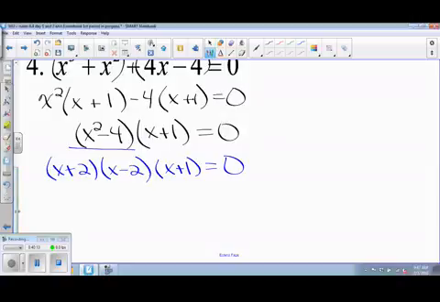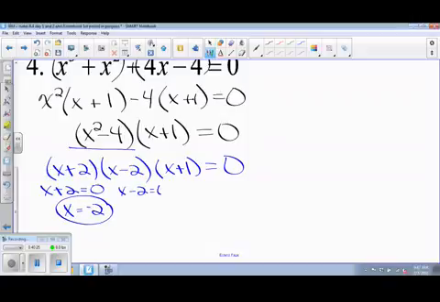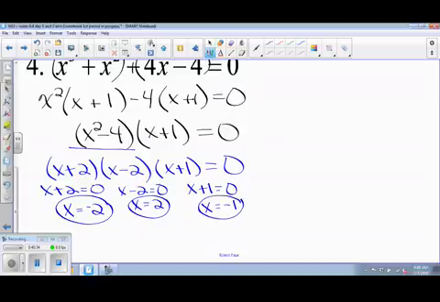So x plus 2 equals 0, so this first solution is x equals negative 2. X minus 2 equals 0, so this solution is x equals positive 2. And x plus 1 equals 0, so this solution is x equals negative 1. That is all three solutions: negative 2, 2, and negative 1.